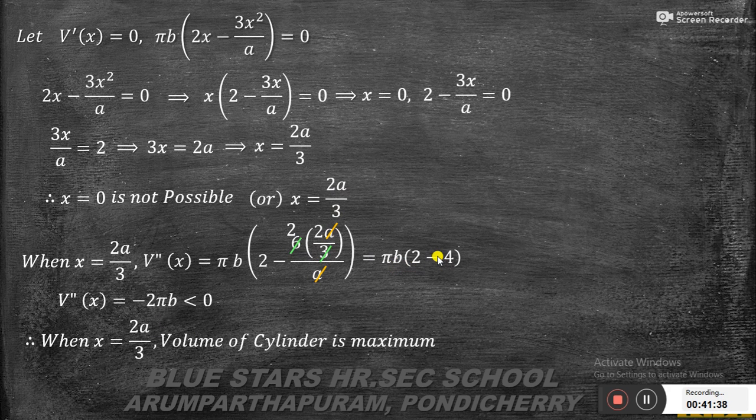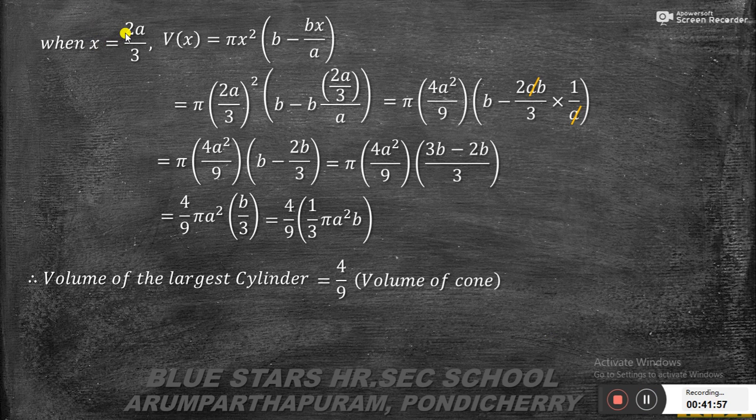So 2 minus 4 is minus 2, V double dash of x equals minus 2 pi b. This is less than 0, which means it is a maximum. Therefore the volume of the cylinder is maximum at x equals 2a by 3.